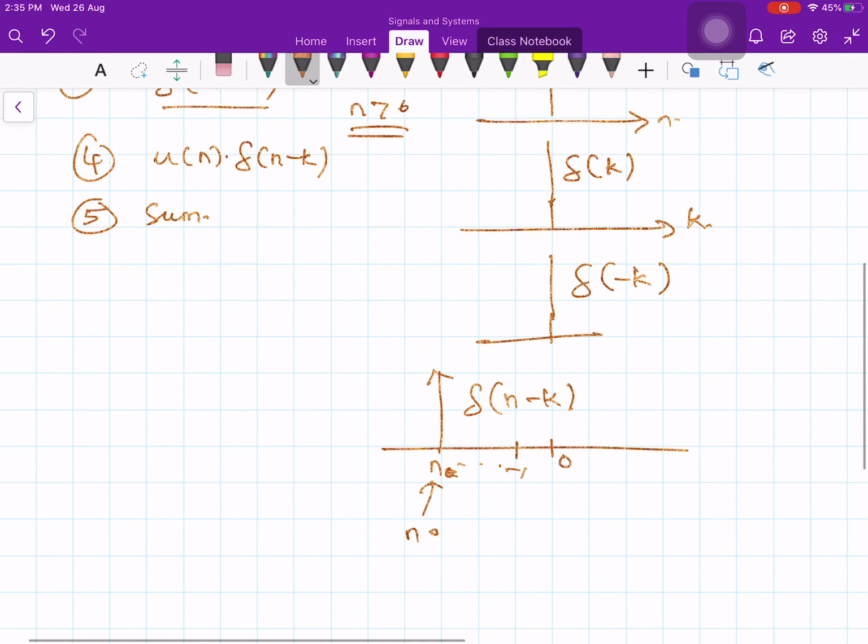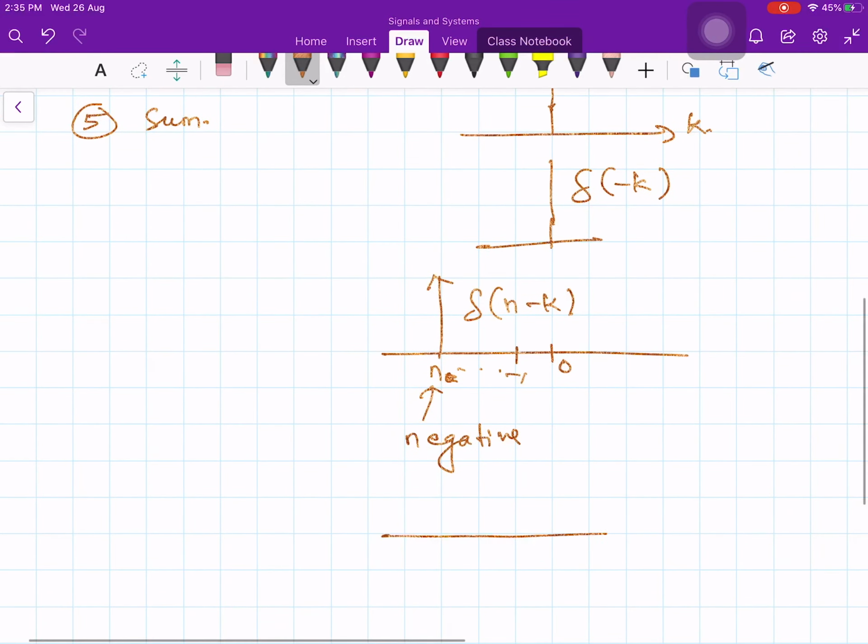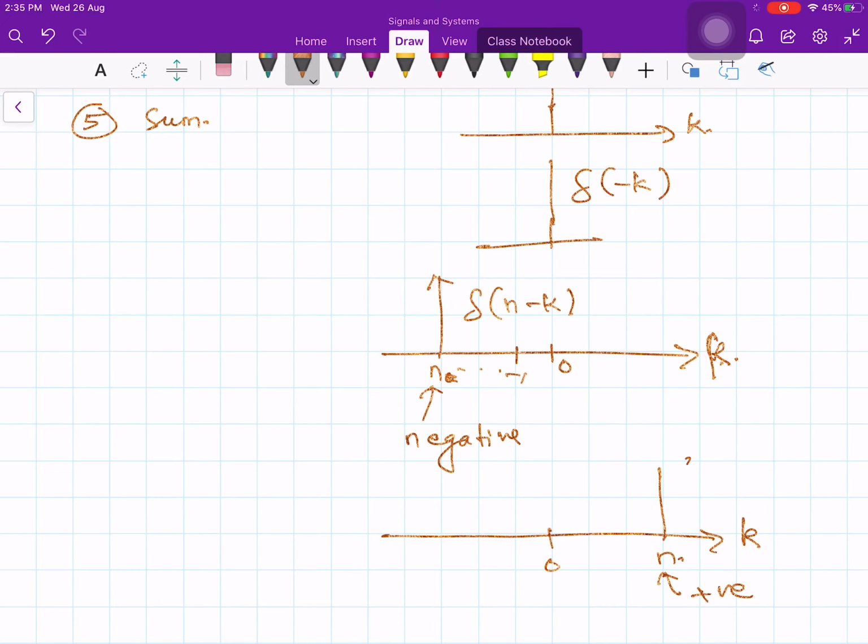If you draw the same point somewhere else, then this is also n, but here this n is positive. This is k. And this is again n minus k shifted to the right, but this n is positive and this n is negative. That's it.